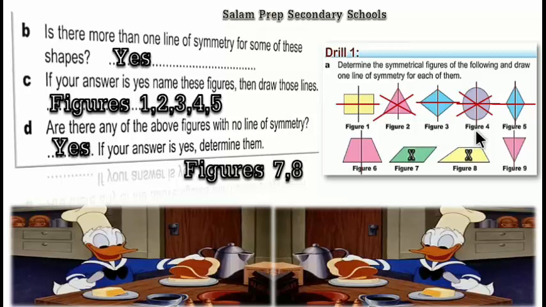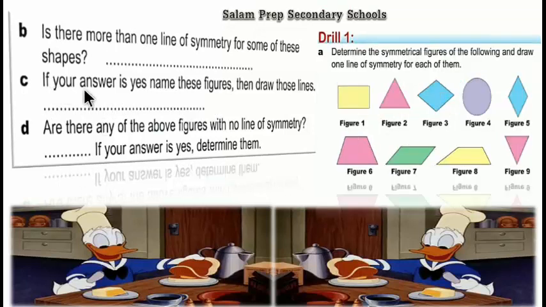Figure 4 has a very large number of lines of symmetry. Figure 5 has 2 lines of symmetry. Figure 6 has 1 line of symmetry. Figure 7 and figure 8 don't have any line of symmetry. Figure 9 has 1 line of symmetry.